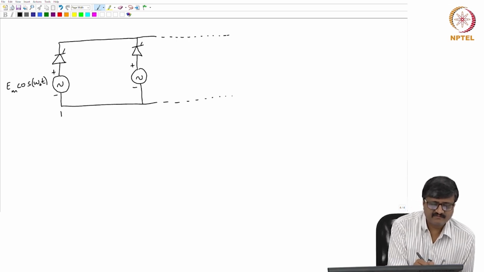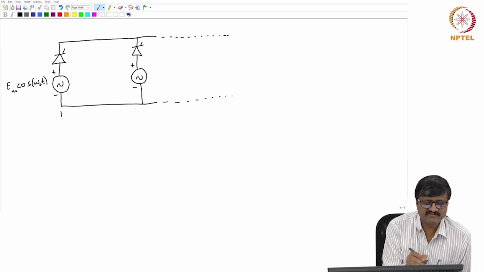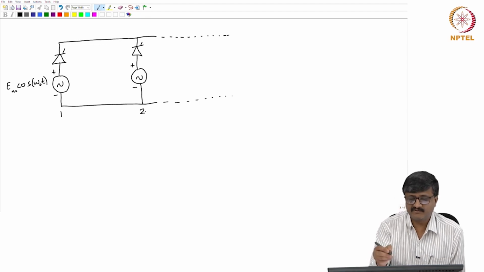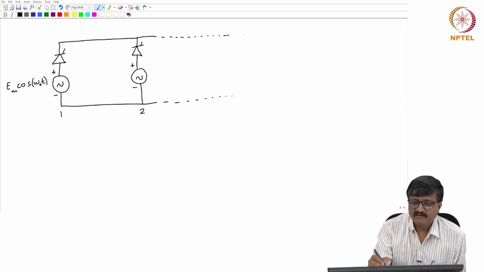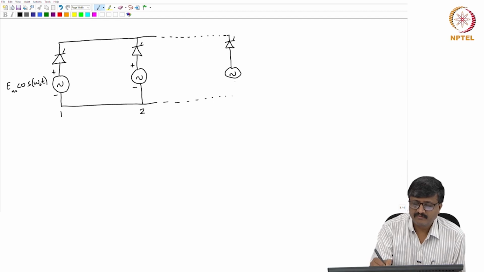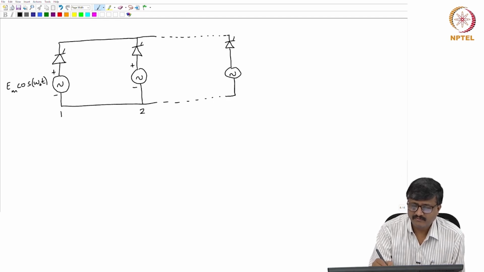suppose this is the first circuit consisting of a voltage source and a thyristor, this is the second circuit consisting of a voltage source and the thyristor, and so on up to the last circuit, which is the qth circuit.